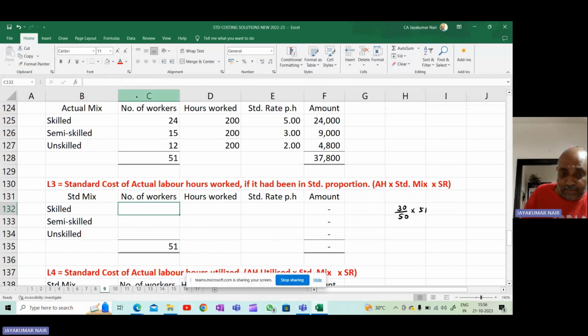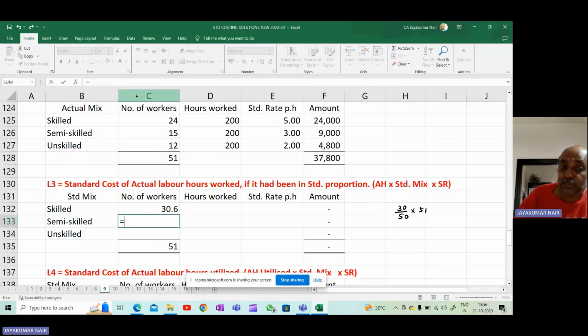If the total workers is 51, what should this be? 30 out of 50, that is the mix. If the total number of workers is 50, 30 should be skilled. So that is the mix specified in the standard. Since your input is 51, what should be skilled? You're getting it in decimal. You have to consider the decimal.